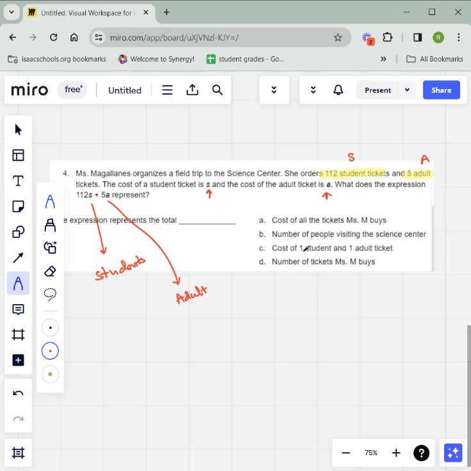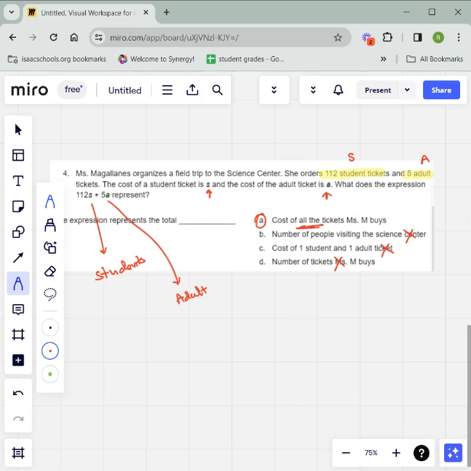Okay, so this is not one adult, one ticket, and also this is not how many people are visiting. No, and this is not about the tickets, but it's cost. So the right answer is cost. Okay, total cost basically, all the tickets. It's really important that it's all the tickets, not just one ticket. Okay, remember that.